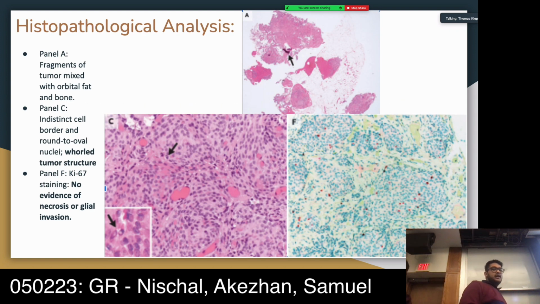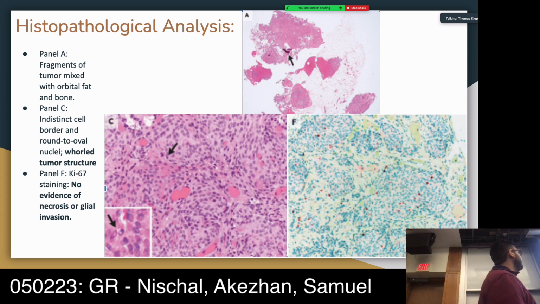So with the biopsy, they wanted to figure out what type of tumor it is. They were suspecting meningioma, but glioma was also another possibility. With the histopathology, you can see in part A, the tumor is shown with the arrow right here with some fat and bone cells too. Panel C shows the magnification of the tumor itself, which shows a little bit of the nested or whorled tumor structure of the meningioma, and it also has round to oval nuclei, which are identifiers for a meningioma and not a glioma.